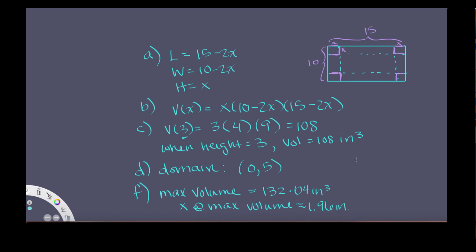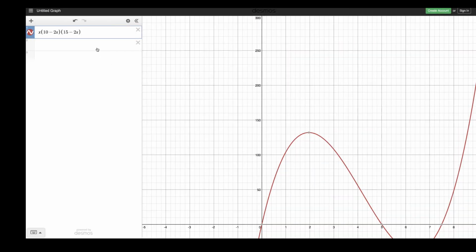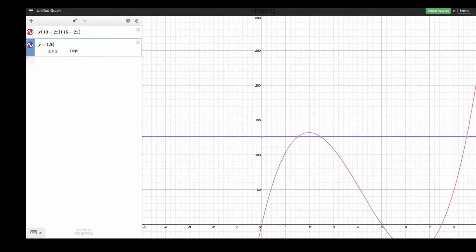E, use your calculator to find what values of x give a volume of 126 cubic inches. So we can go back to our graph and graph the line y equals 126 and find the values of x that work there. It looks like there's two values of x in our domain that will give a volume of 126.